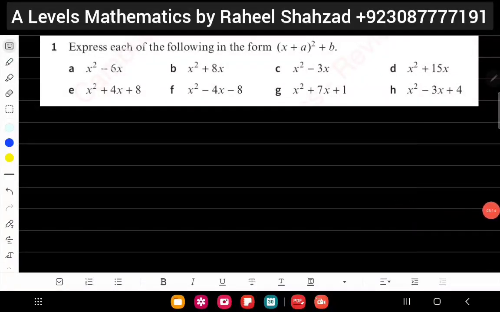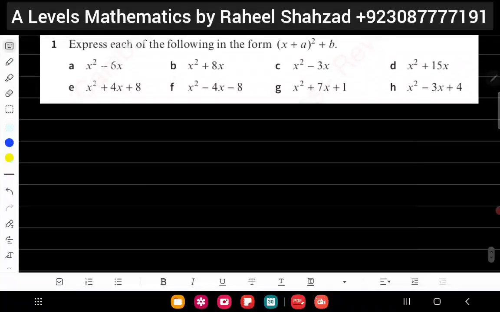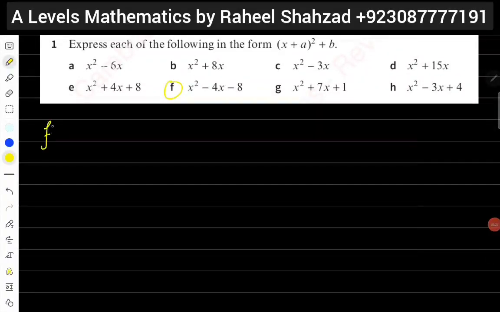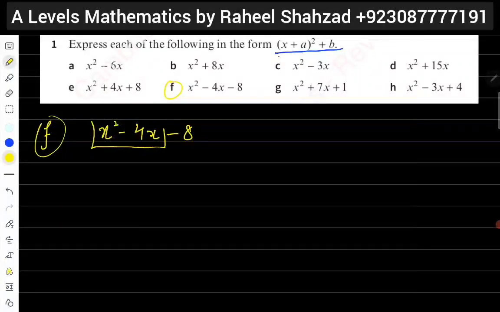Okay, now here are some examples. You can pause the video and try a couple of examples yourself. Okay, now let's do, for example, part F here. In this question, what we have to do is express it in this format. So part F says it is x squared minus 4x minus 8, right? So we can take x squared minus 4x as x minus 2 whole square minus 2 square, and this 8 will be coming along.